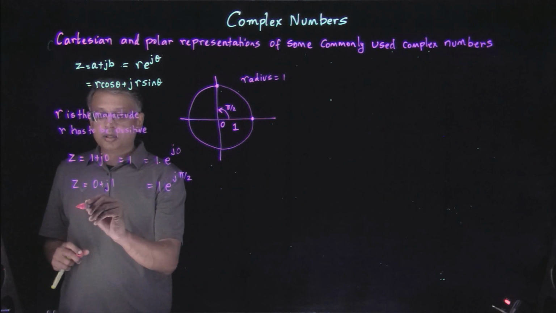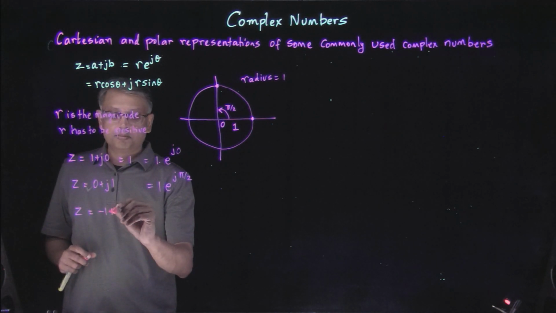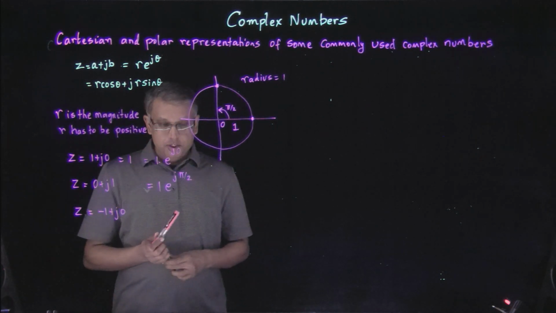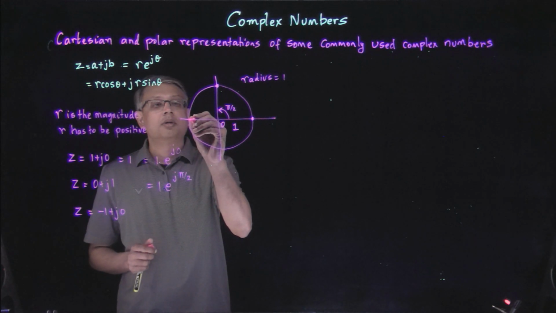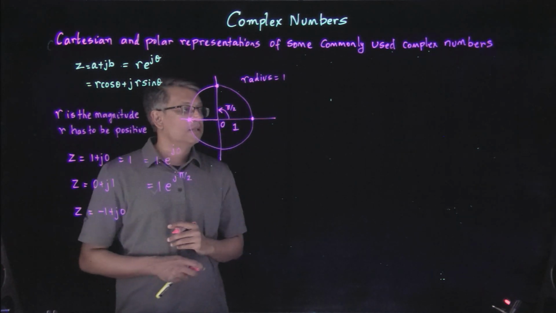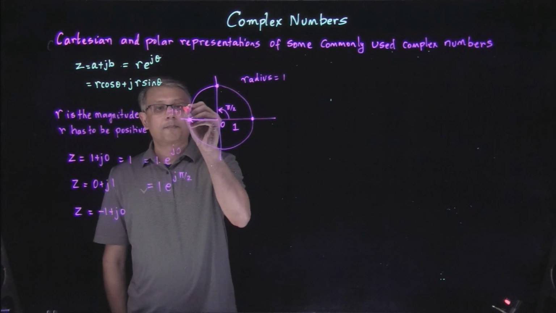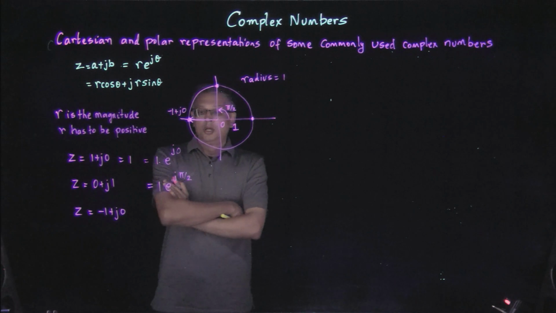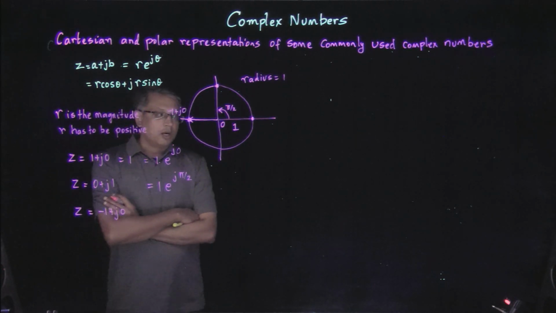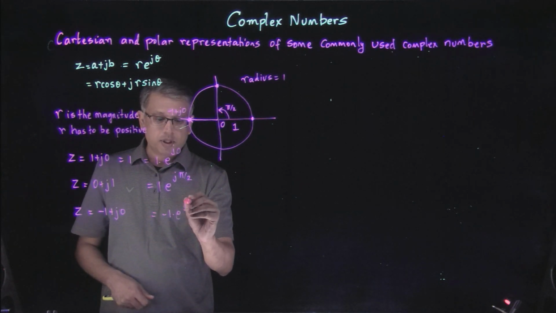Okay, how about z equal to negative 1 plus j 0? So negative 1 plus j 0 is this point. So this vector is this vector. And what is the polar representation for this? Now, I've seen students make mistakes where they will write this as negative 1 times e to the j 0.